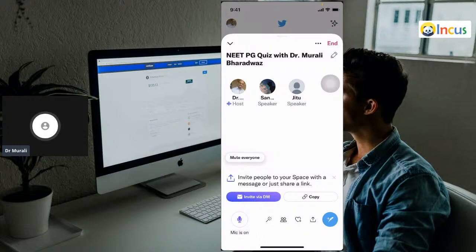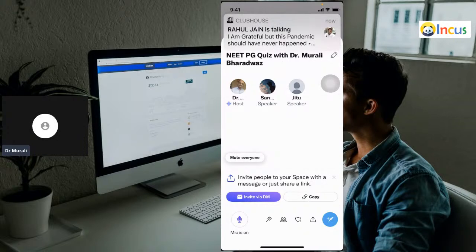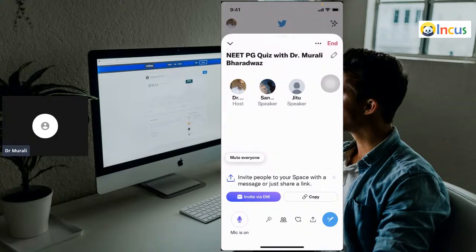And in the case of infants, what is the most common cause of septic arthritis? Which organism? Staph aureus. You are very close, but not right. Staph aureus is the most common cause of septic arthritis in older children and adults. Okay, I'll give you another clue.